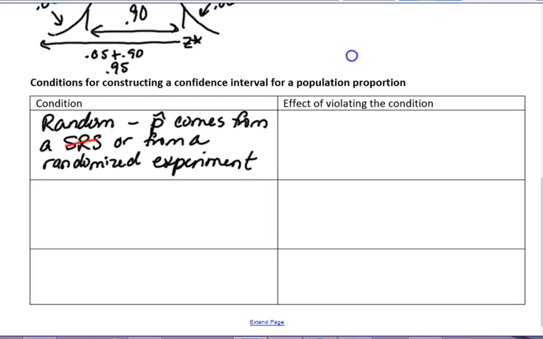So I'm going to cross this out and say a random sample. Sorry, I know you guys are writing notes and I'm messing it all up. So p hat comes from a random sample or a randomized experiment.